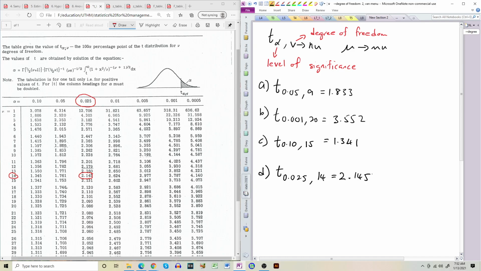Now we will use the T table to do our chapter 5. We will also use the Z table. First we will use the Z table and then we will use the T table. Okay, that is regarding the T table.